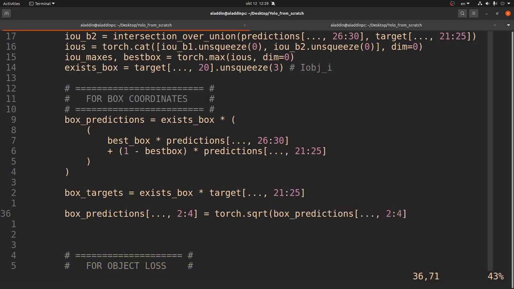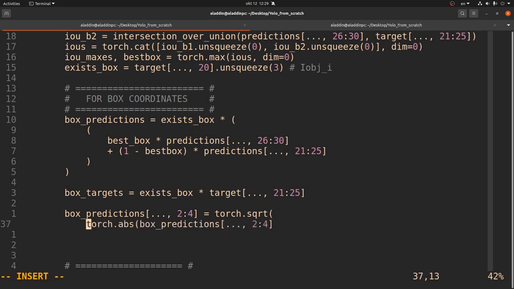But one thing here is that if these box predictions are negative, which they are going to be in the beginning, just by initialization, then we have to take the absolute value, because otherwise we're going to get an error. So we have to do torch.sqrt, and we've got to do torch.abs of the box predictions.